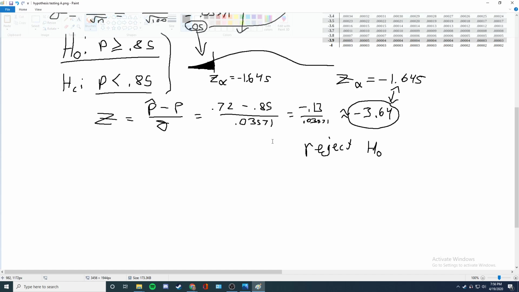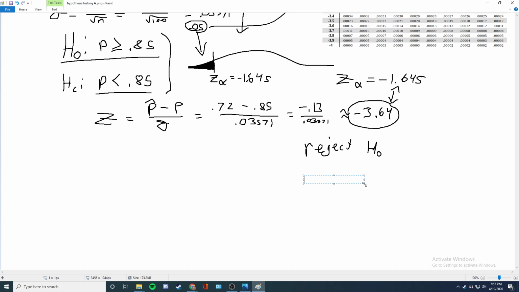Now, what does that actually mean? That does not mean that our claim is necessarily true. It just means that the null hypothesis is false. I know that's kind of confusing, but just remember not to say that our claim is true. We can never prove that with just a test here.